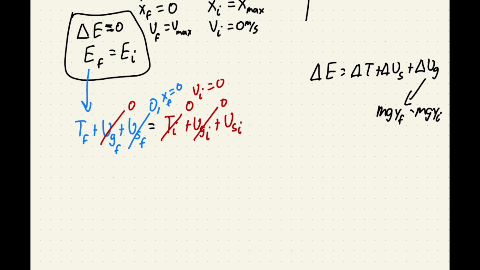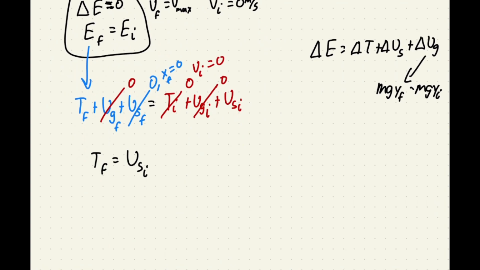What we are left with then is just T final is equal to US initial, and then from here we can plug in some equations: 1/2 mv final squared is equal to 1/2 kx initial squared. I can multiply both sides by 2, I would get some equation, and I could maybe solve for some unknown, something I didn't know.